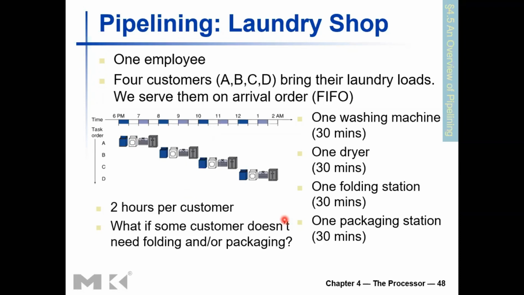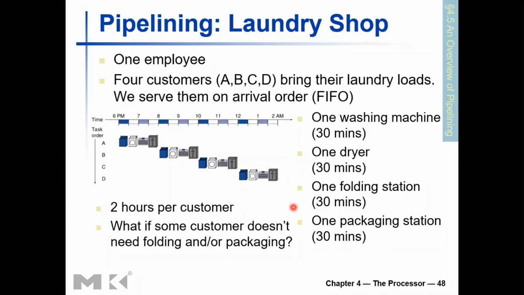What if some customer doesn't need folding or packaging? If a customer comes and says, I only need to get the laundry washed and dried, I don't need it ironed, folded and packaged. That is somewhat similar to our multi-cycle CPU, where not all instructions will use all stages. Load instruction uses all stages.